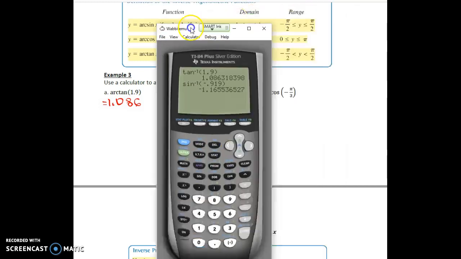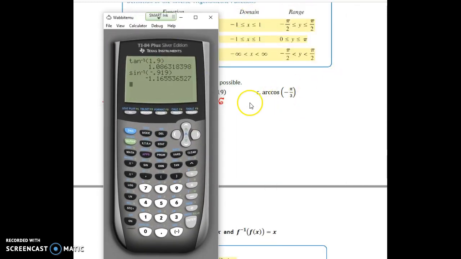Now for the last example, we are to find the arc cosine of negative pi over 3. Or we are looking for an angle whose cosine is equal to negative pi over 3. Let's see what happens when we put this in the calculator.